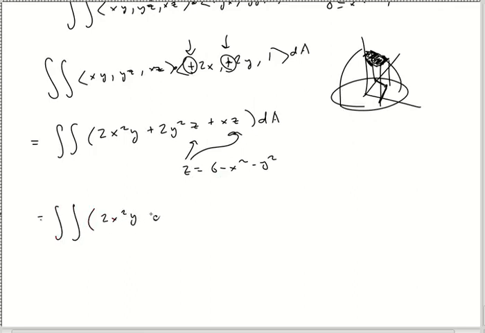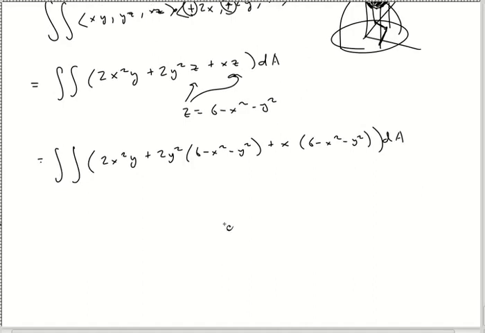2x squared y plus 2y squared times (6 minus x squared minus y squared), and then we got an x times (6 minus x squared minus y squared) dA. Which again, might go to polar in a minute, maybe not. So in order to keep going, I'd have to distribute this one here as well.